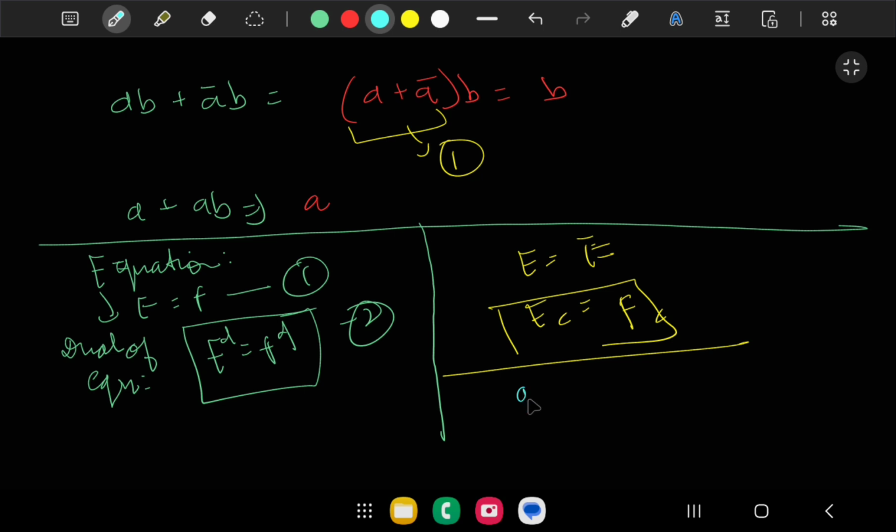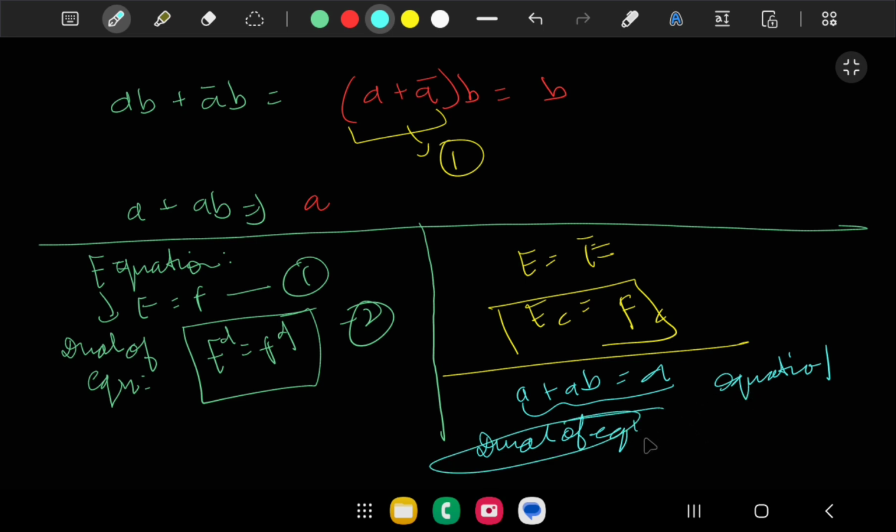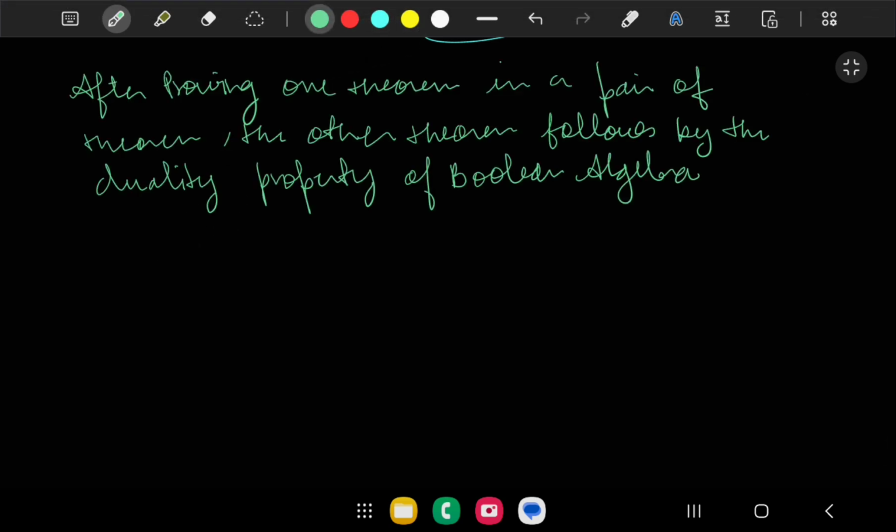So this is the equation that you know, a plus ab equals a. This is your equation 1, right? So what will be the dual of this equation? A times b equals a. So one last thing: after proving one theorem in a pair of theorems, the other theorem follows by the duality property of Boolean algebra.